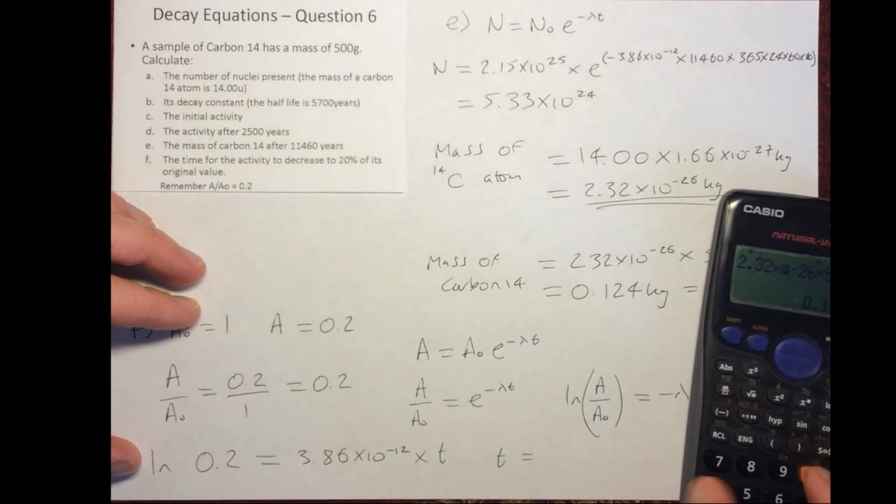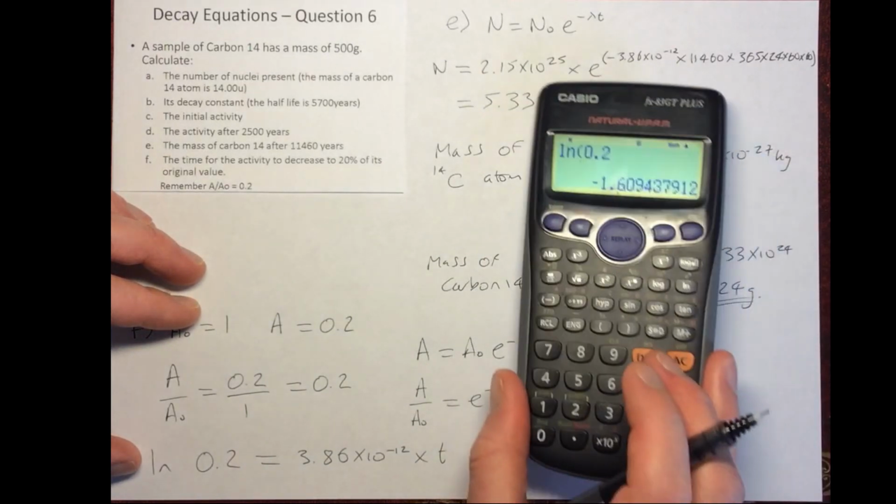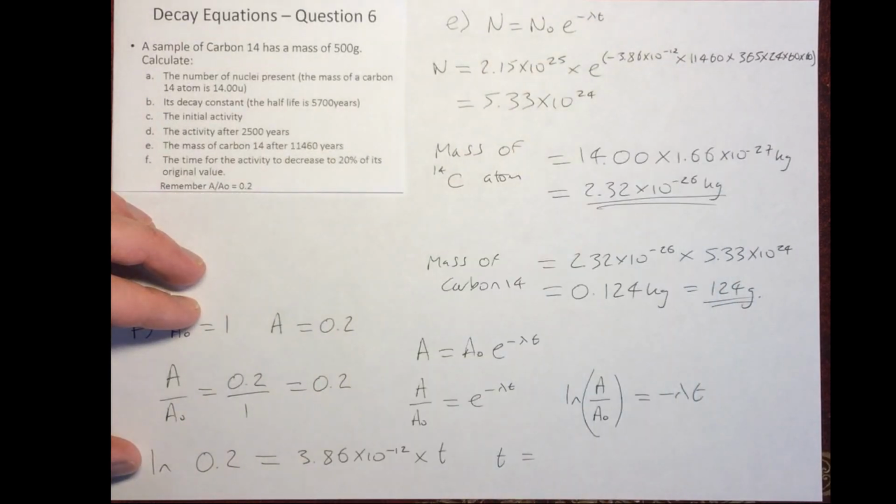Now ln 0.2 gives us minus 1.60. That should have a minus on it, shouldn't it? So that's going to be ln 0.2 divided by minus 3.86 times 10 to the minus 12.